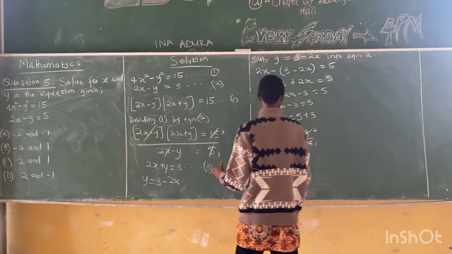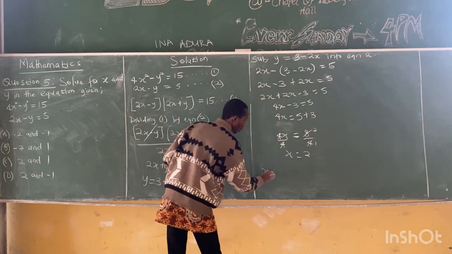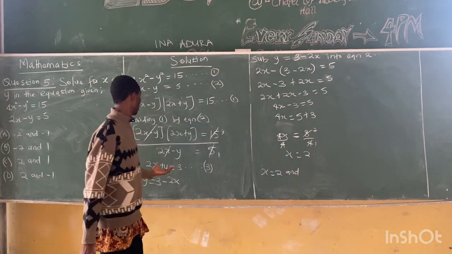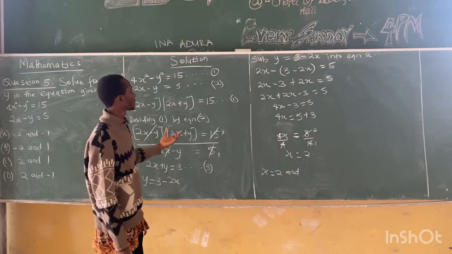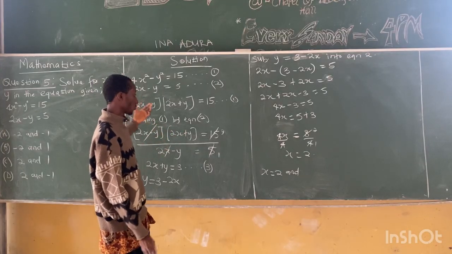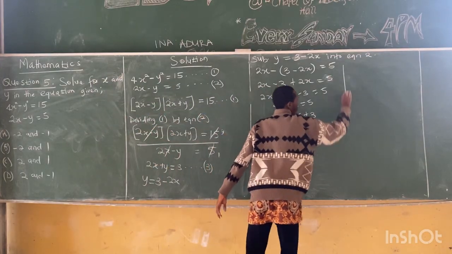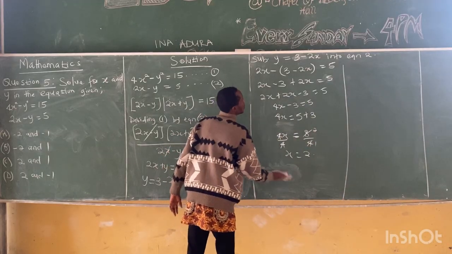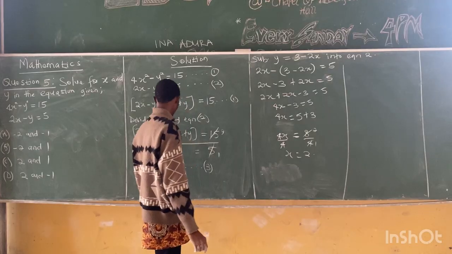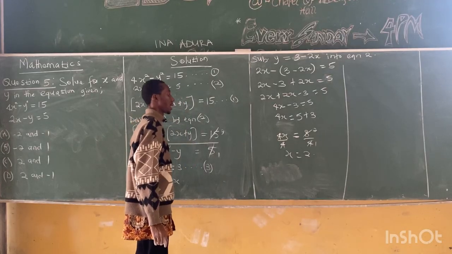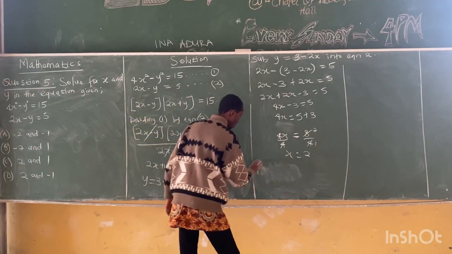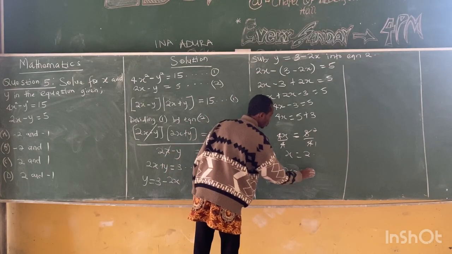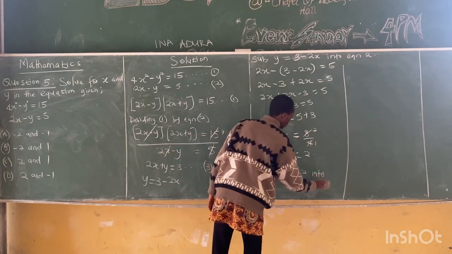Therefore, in this equation, x is equal to 2, and our y is equal to what? Oh, we haven't solved for y. So now we have gotten the value of x. We substitute it into this equation here to get y. Let's put x equal to 2 into this equation.